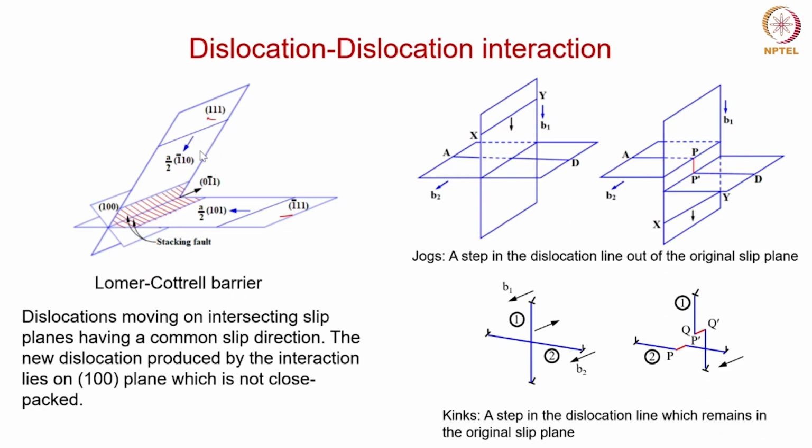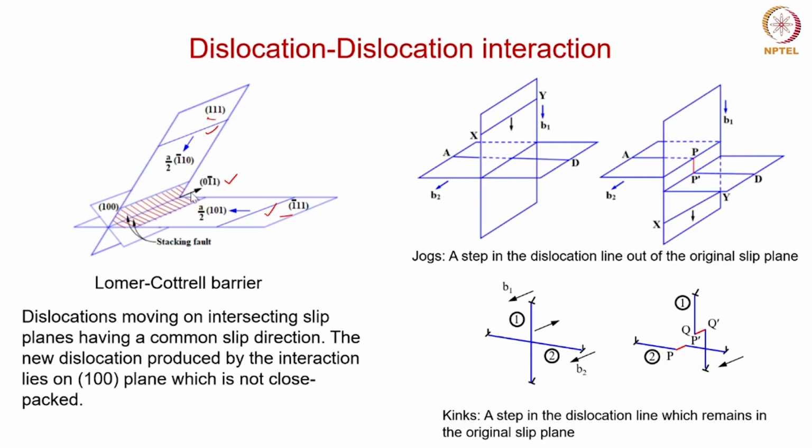So here you have a dislocation on this plane, given by this line over here with a particular Burgers vector, which is given by this. And here also you have a similar type of dislocation moving on this particular plane. And these two planes intersect along this line, which is 0, 1, 1, or to be more specific, in this particular case it is 0 bar 1, 1.